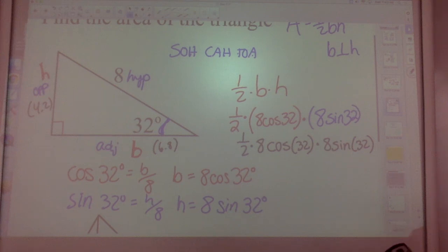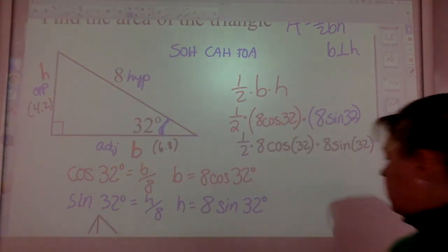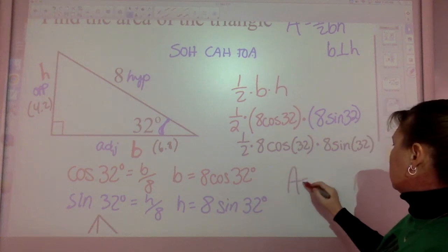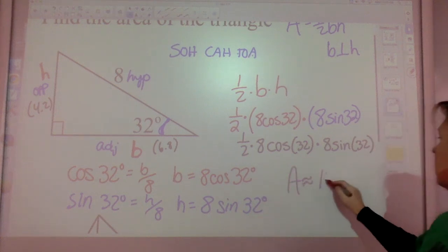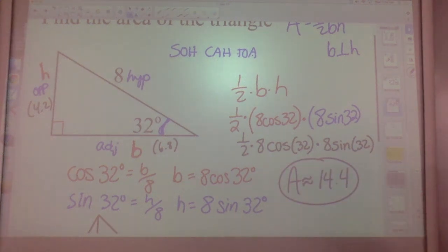Close your parentheses. Times 8 sine 32. Close your parentheses. Hit equals: 14.38, which is 14.4. Area of the triangle is approximately 14.4.